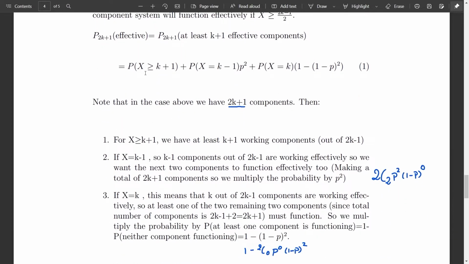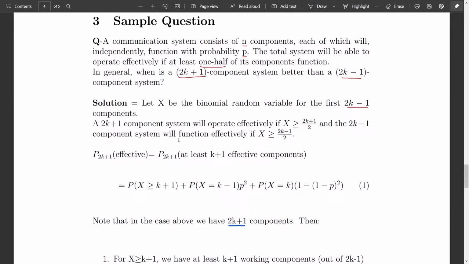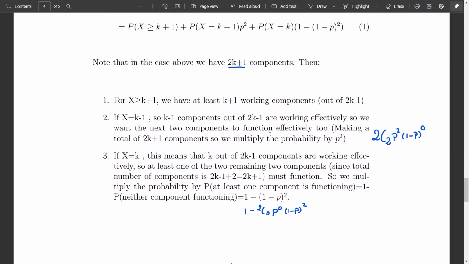Understanding the elements in equation 1: for X greater than or equal to k plus 1, we have at least k plus 1 working components out of the 2k minus 1 components, because we assumed X to be a binomial random variable for the first 2k minus 1 components.